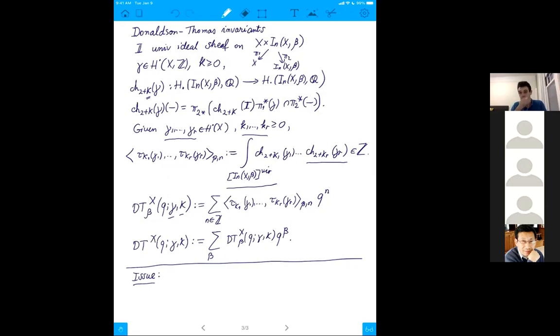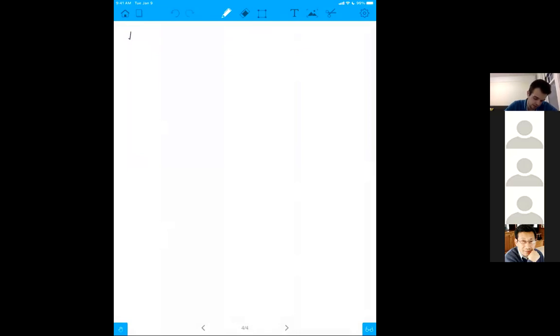Yeah, so there is an issue, and the issue is that these numbers are a little too large, meaning that, maybe I'll write on the next page, the DT theory of points contributes to DT theory for any fixed class beta.